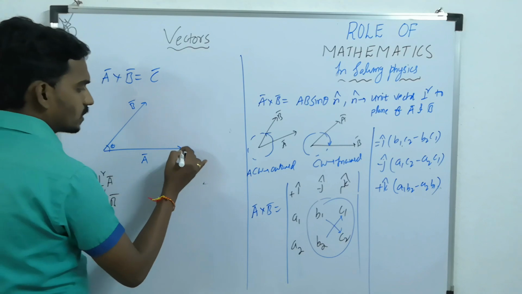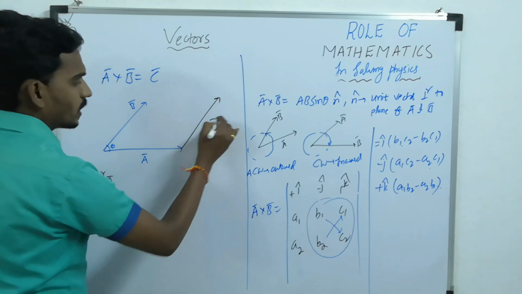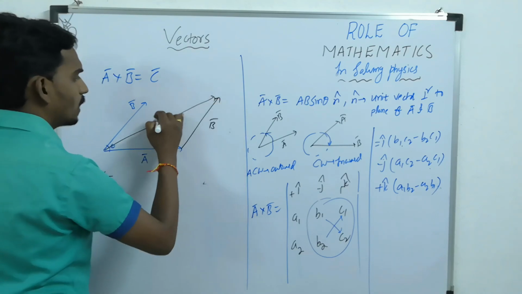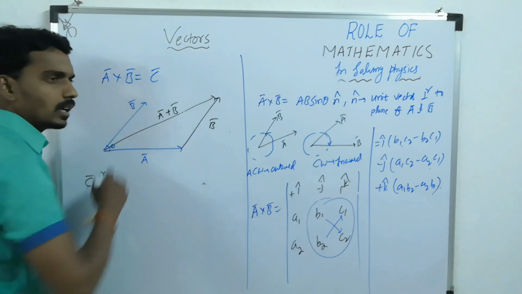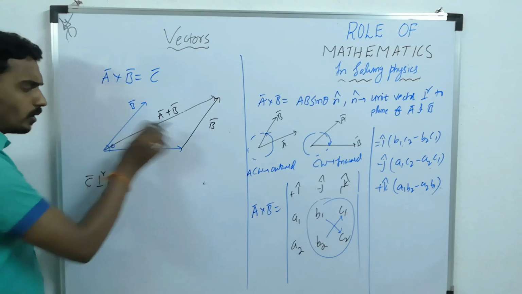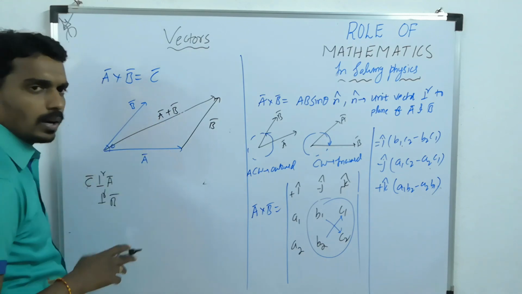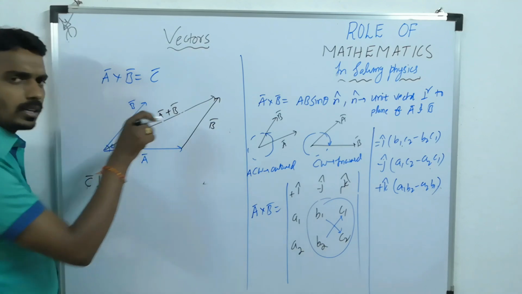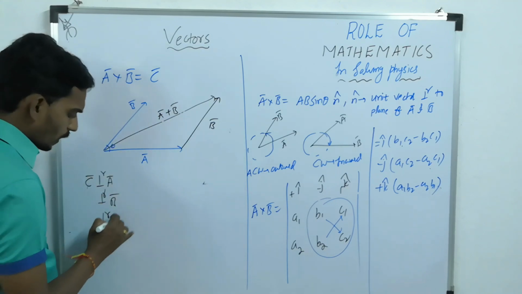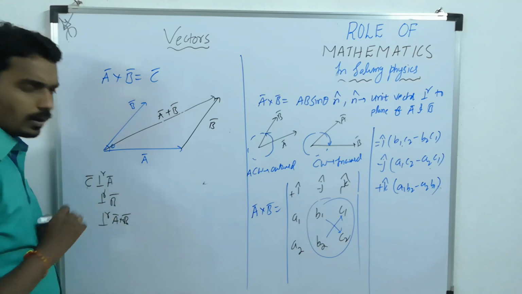Now if you take this as A bar and this as B bar, then this becomes A bar plus B bar by the parallelogram law or triangular law of vector addition. C bar is also perpendicular to A bar plus B bar.